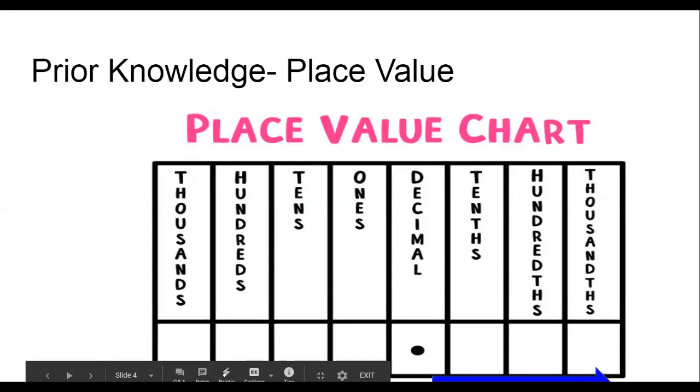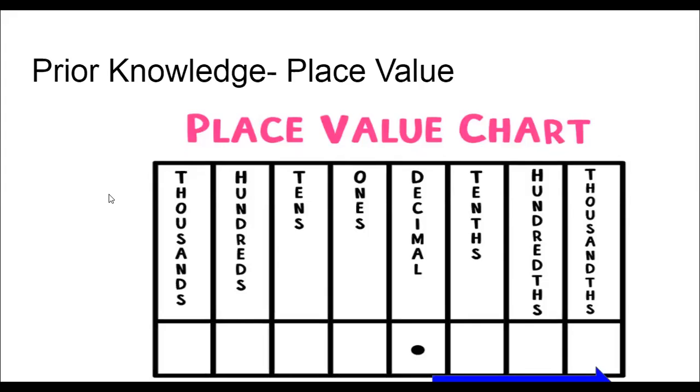So one of the things you must absolutely recall is place value. The prior knowledge we need to have is place value for 5th grade. You need to know place value all the way over on the left side of the place value chart before the decimal, all the way over to millions, although not depicted here.